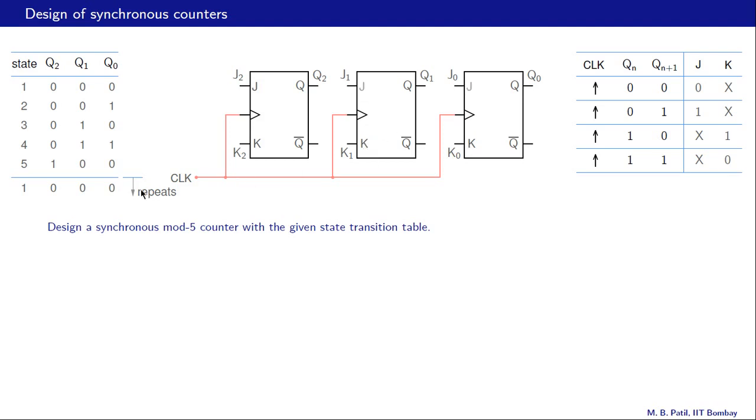And here is the state transition table that our counter must satisfy. We start in state 1, which is Q2 equal to 0, Q1 equal to 0, Q0 equal to 0. Then state 2, 0, 0, 1, followed by 0, 1, 0, 0, 1, 1, 1, 0, 0, and then back to 0, 0, 0.